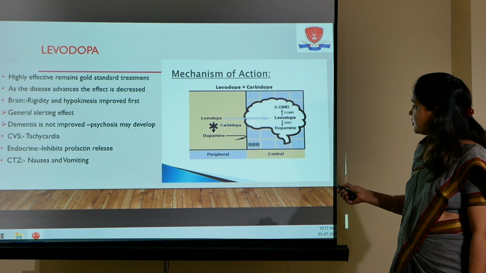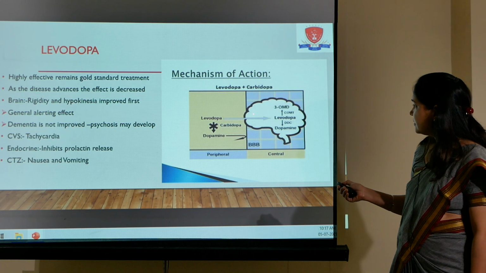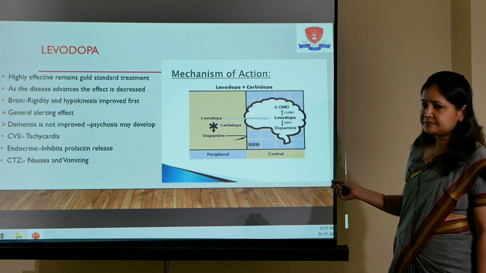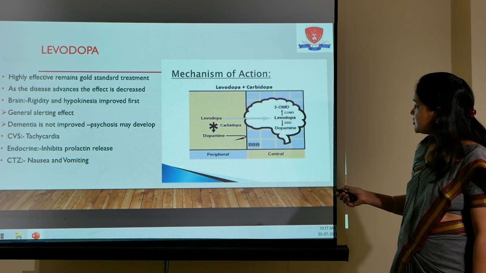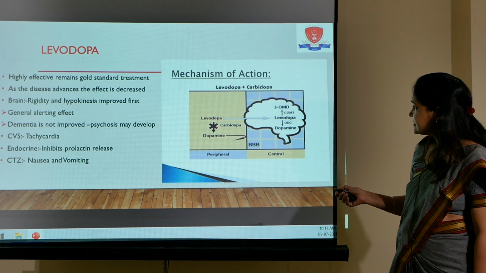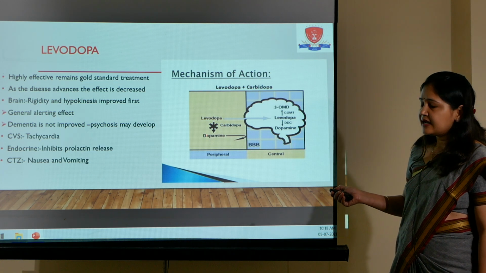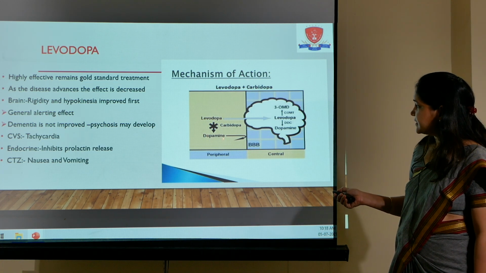But in spite of crossing, only 2 to 3% is able to reach the brain, because most of it is metabolized peripherally to dopamine by the dopa decarboxylase enzyme and can lead to peripheral side effects.